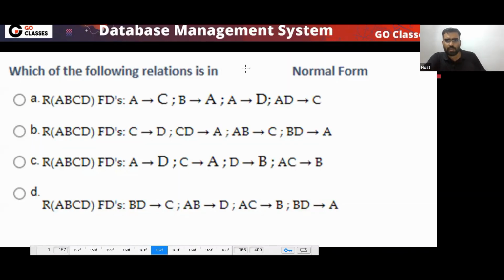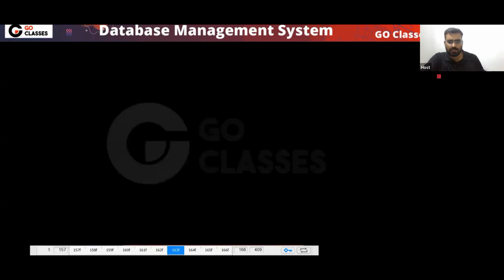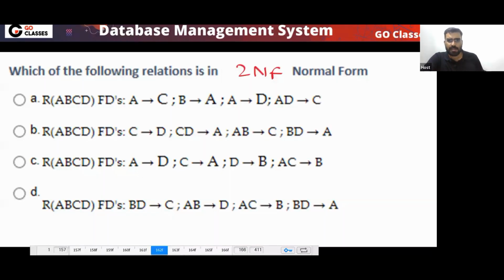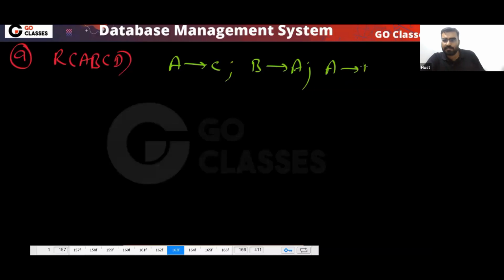Next question. Which of the following relations is in second normal form? Let's see example number 1, that is R(A, B, C, D). The FDs given are A determining C, B determining A, and AD determining C. First you find the prime and non-prime attributes, so first find the candidate keys.